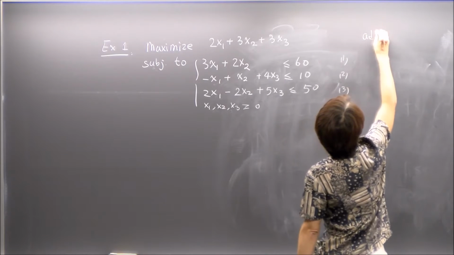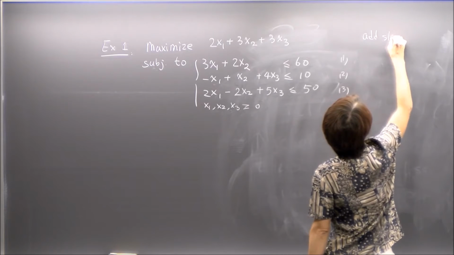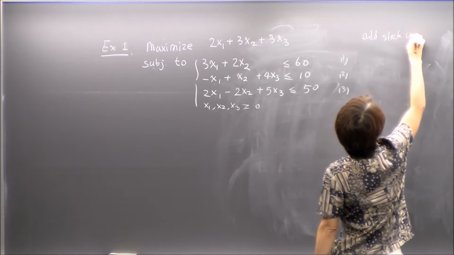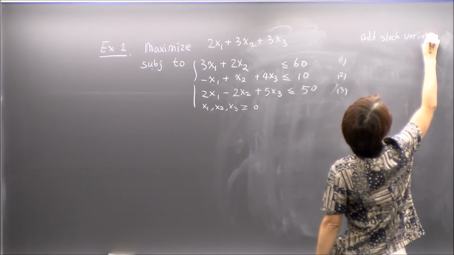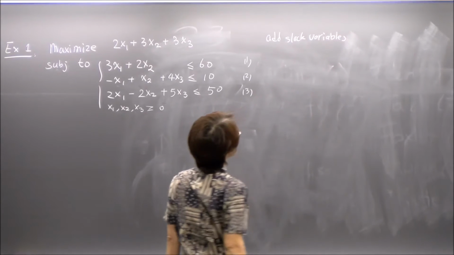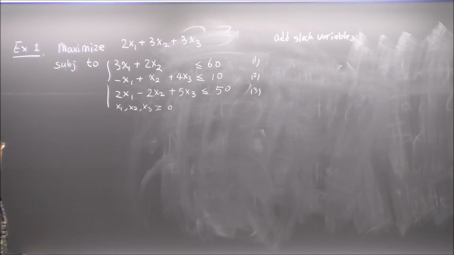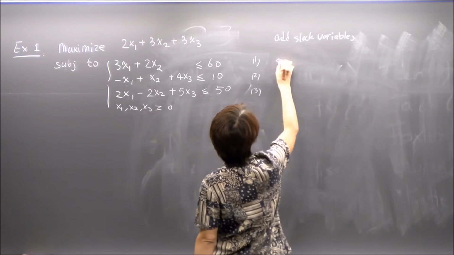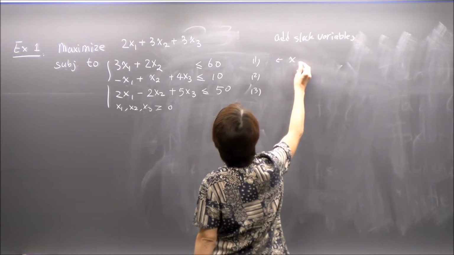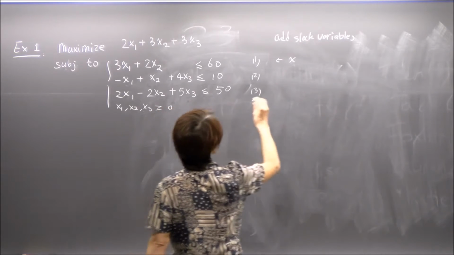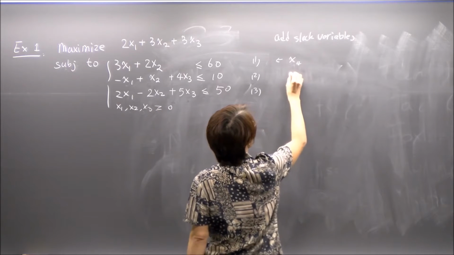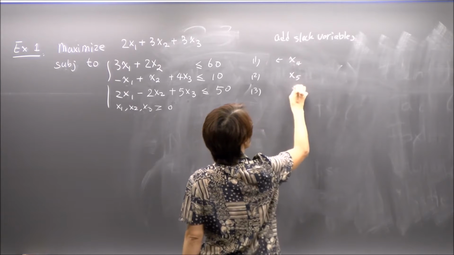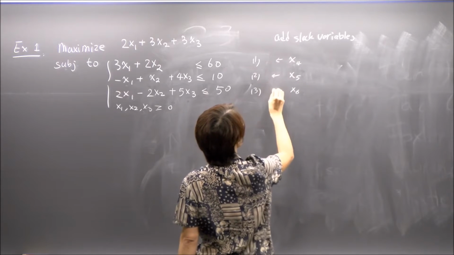We need to add something called slack variables. Is that right? So for each inequality, you have to add a slack variable, and so you can replace the inequality with an equality. So let's say I'll introduce new ones. I used up to x3, so I call these x4, x5, x6.